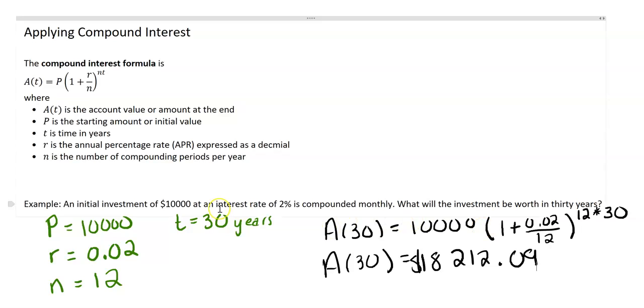Now, that's $8,212.09 that you didn't work for. So compounding interest is nice if it's your friend, not so nice if it's on a credit card. So beware.